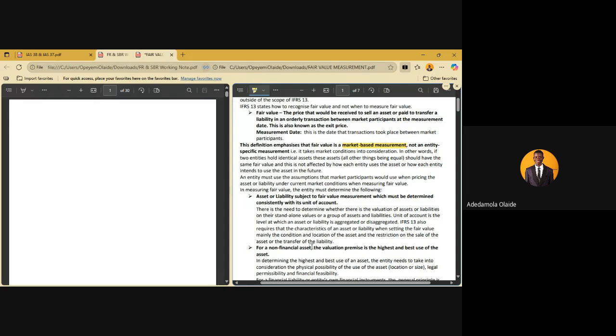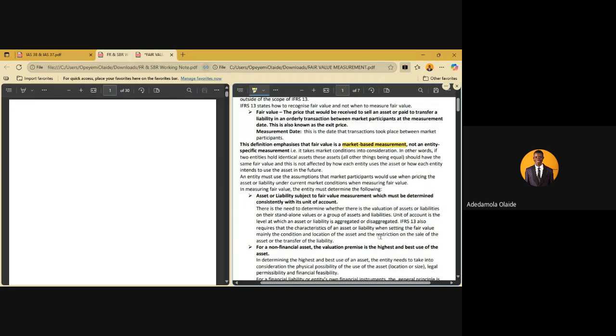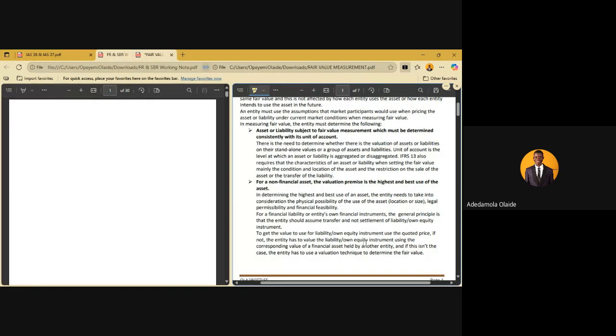However, where an asset is non-financial, and when we say non-financial asset, just like we say non-monetary asset, the valuation is premised on what? The highest and best use.